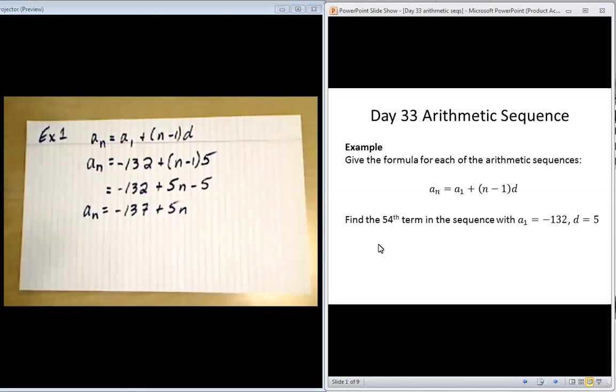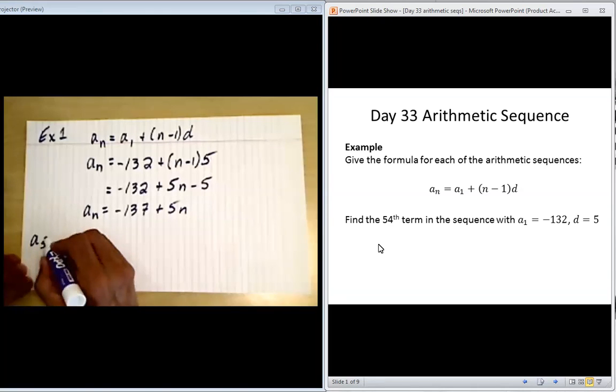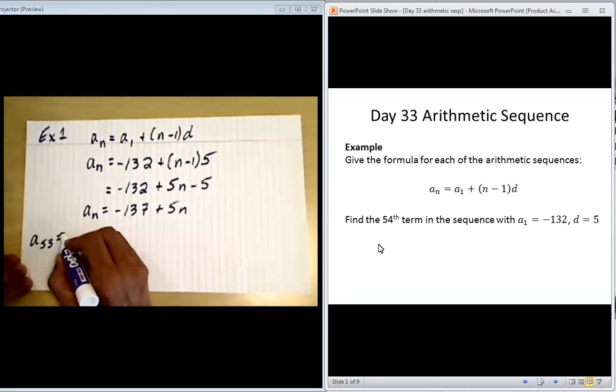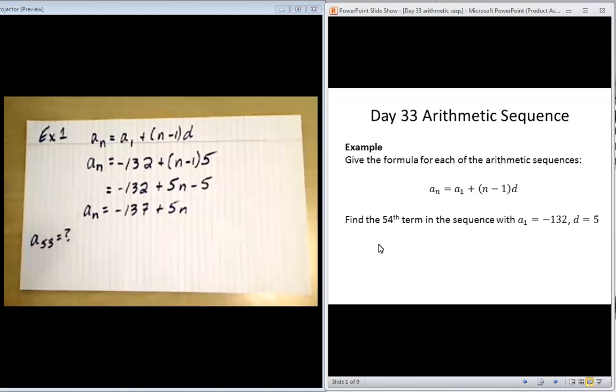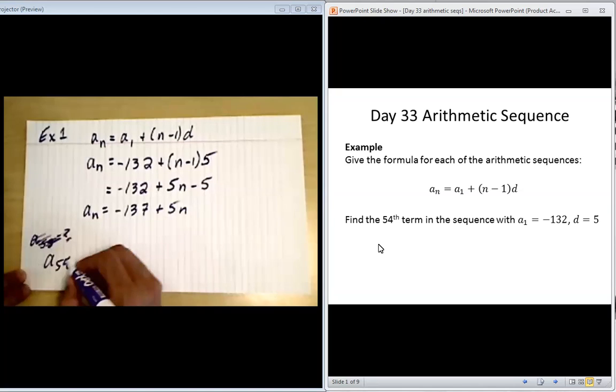There it is. Now what they are asking for the second part is to figure out what is the 53rd term going to equal. Oh, that's a lie. They're asking for 54. So let's do that one. What is the 54th term going to be?